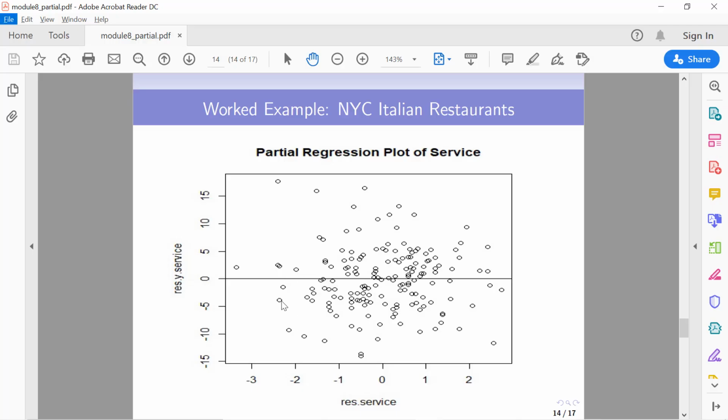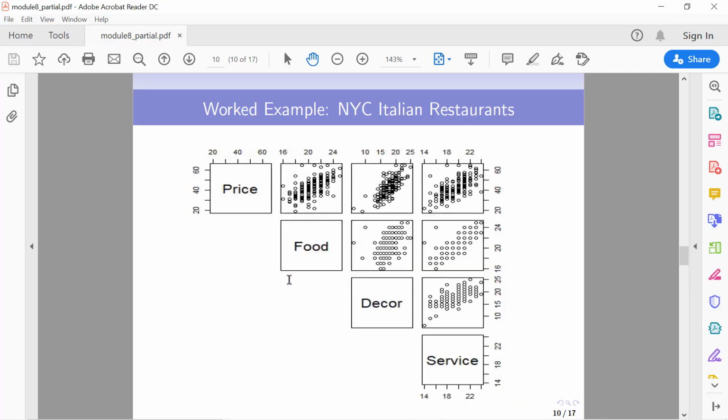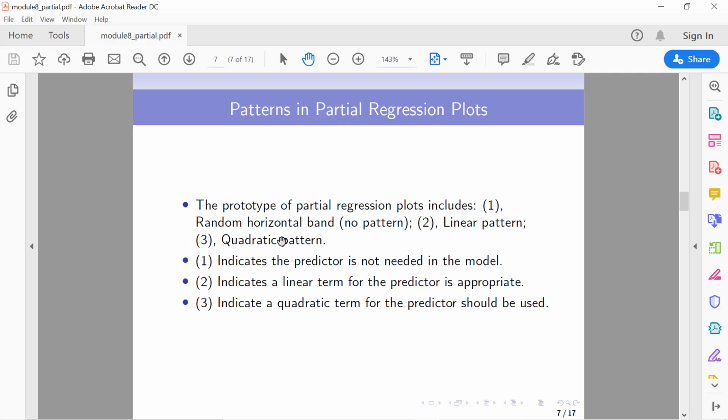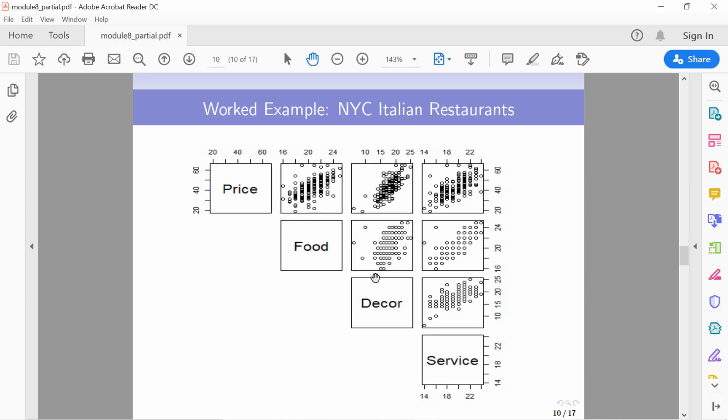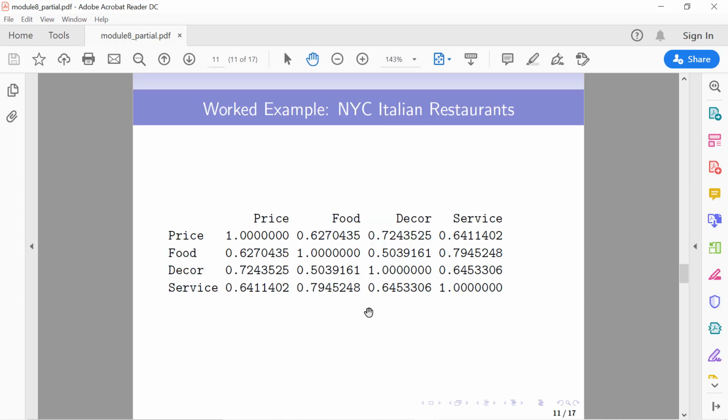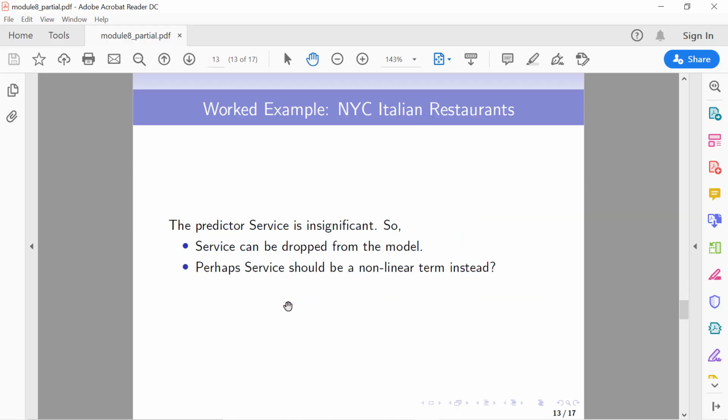We want to ask ourselves, what kind of pattern does this follow? Let's scroll back a little bit. It's not really a linear pattern, and it's not a quadratic pattern. The most obvious one is that it looks like a horizontal band, which means that we do not need service in this model. So we can remove service and leave food and decor, and whether it's on the east side or not.